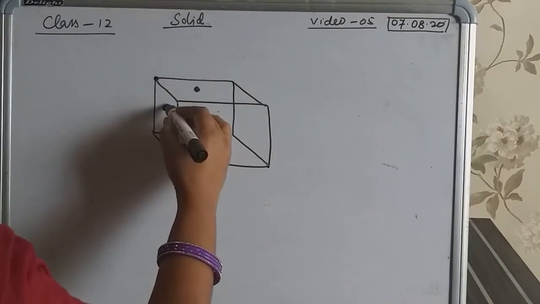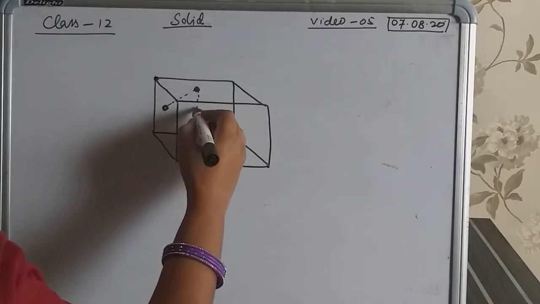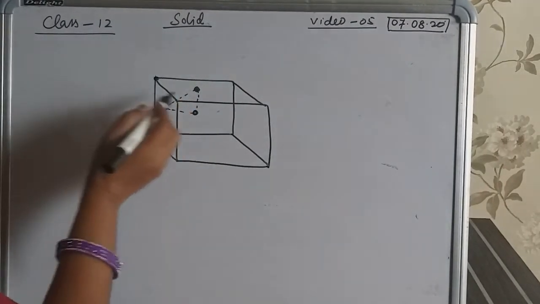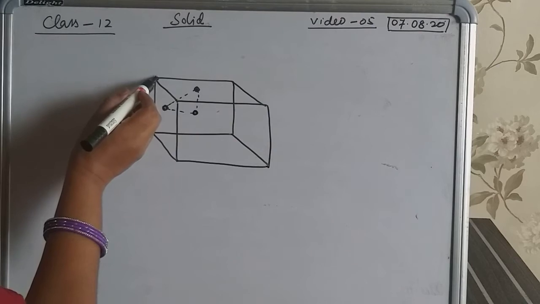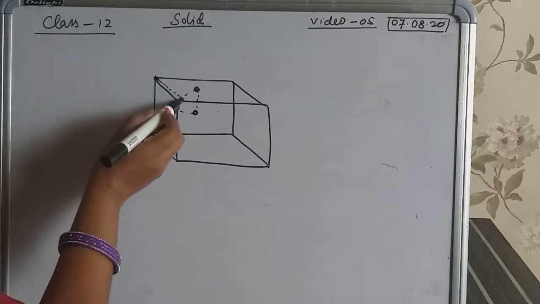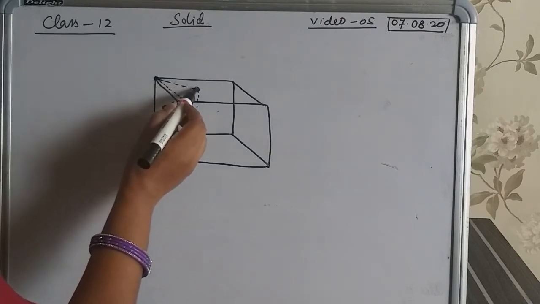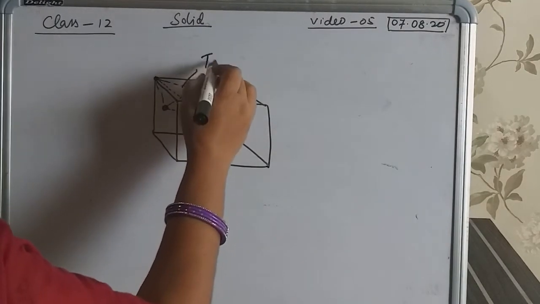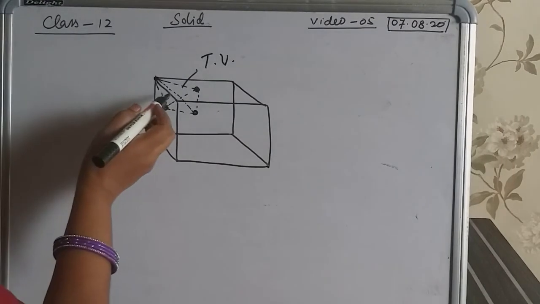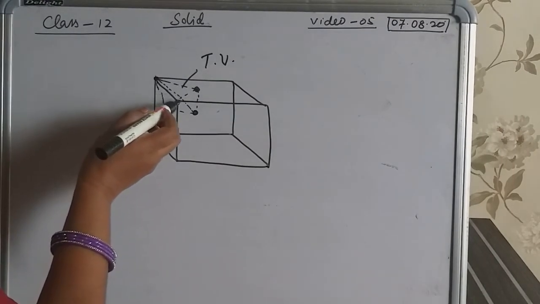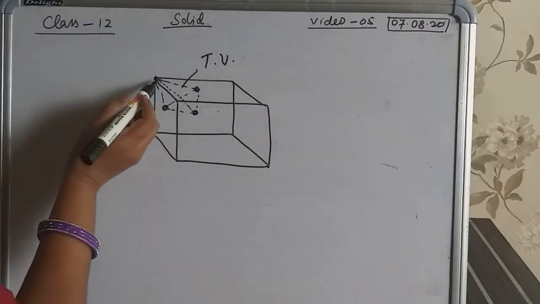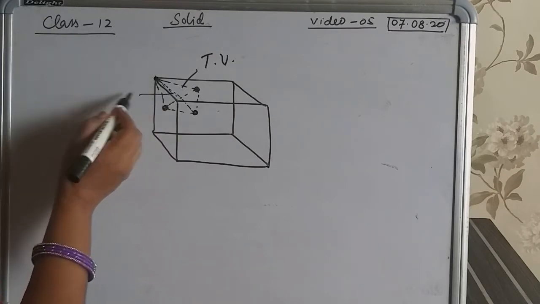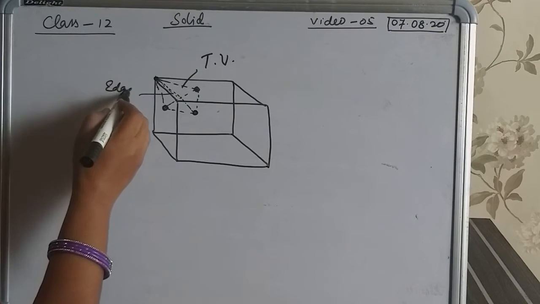If we join these 3, it becomes triangular, and if the atom present at the corner is joined like this, it will form a tetrahedral void. The void is formed here, along the edge length.